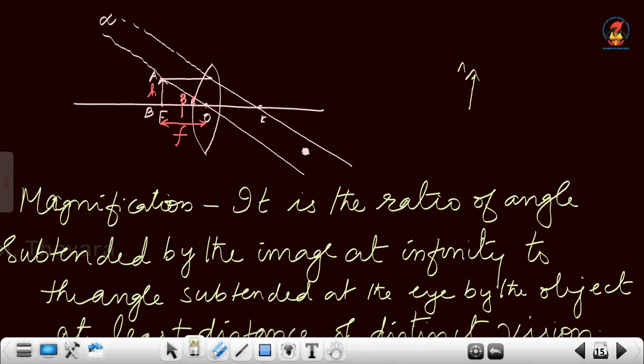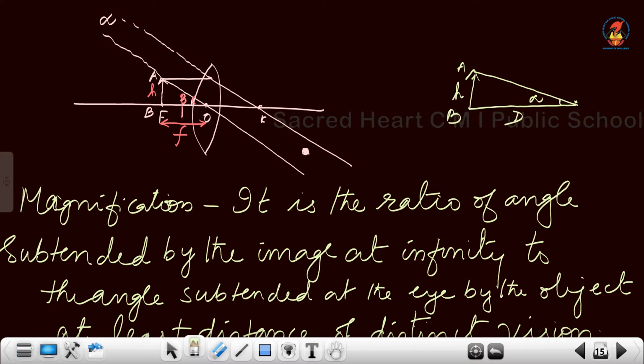AB is the object, this is the eye, this distance is the least distance. So the angle subtended at the eye by the object is alpha. The height of the object is h, and D is the distance from the eye to the object.